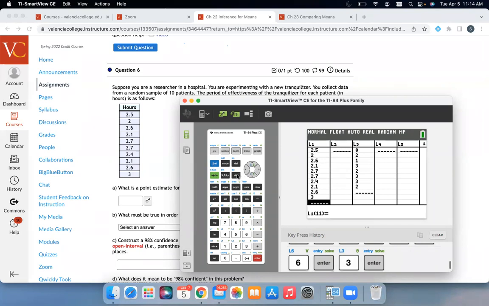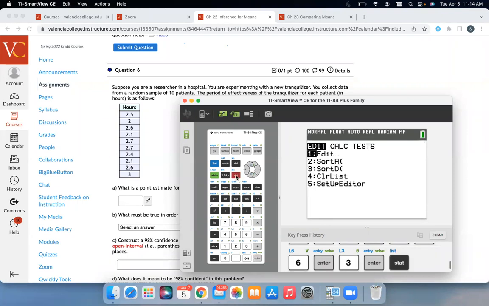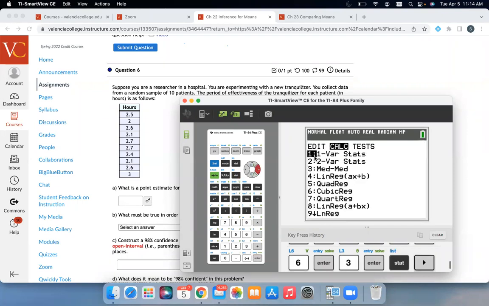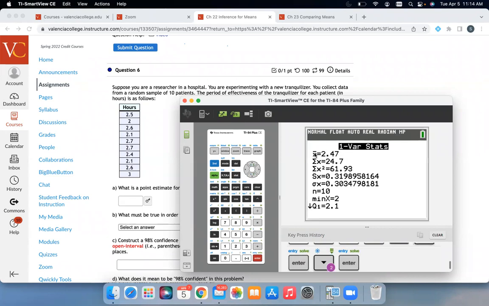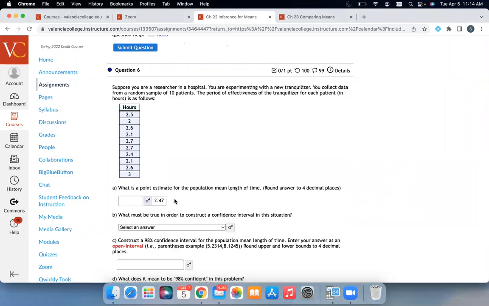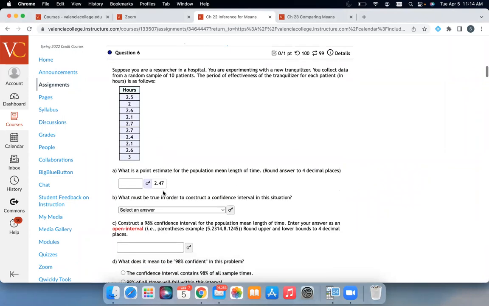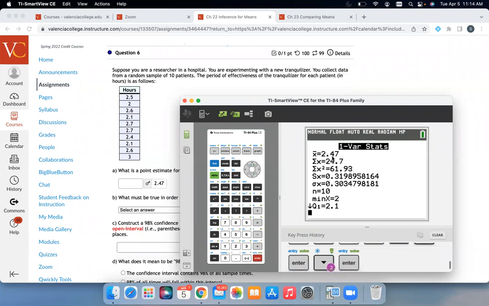Now I could, if I wanted to, come here to stat, over to calculate and do one variable statistics. And there's my sample mean right there. Here's my sample standard deviation. I could write those numbers down and do this problem exactly like I did the last one. In fact, that's the first thing they asked for there, the sample mean. See right there. That's my point estimate. That will be in the middle of my interval.